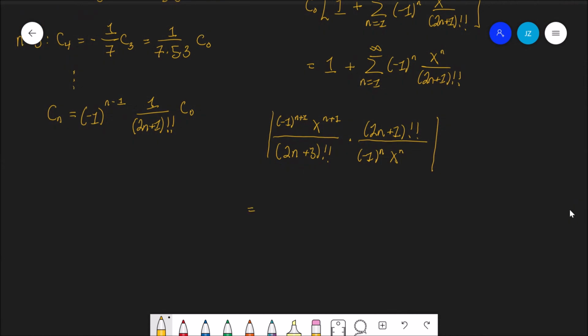This equals the absolute value, so negative 1 to the n plus 1 over negative 1 to the n is simply a negative 1. X to the n plus 1 over x to the n is x, over 2n plus 3. Right? Because 2n plus 3 double factorial is 2n plus 3 times 2n plus 1 double factorial.